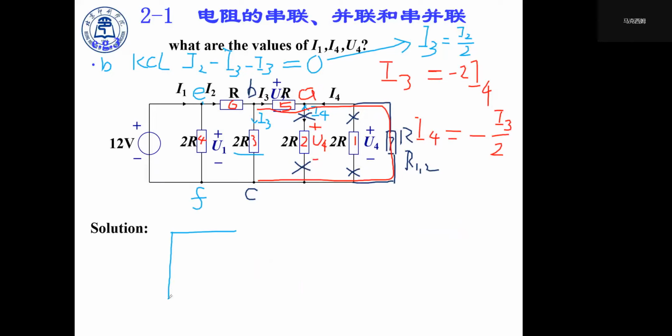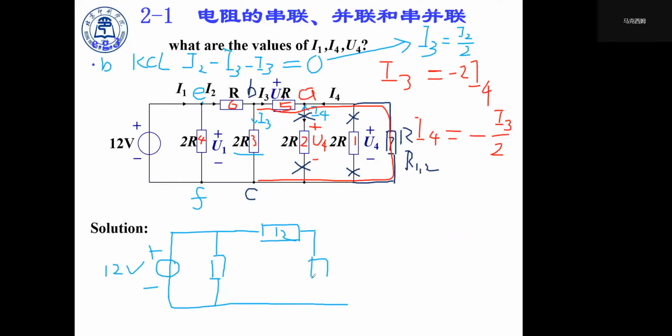We can transform this circuit into this new form, right? 12 volt. And this one is 2R. And this one is R. This one is 2R. This one is R.